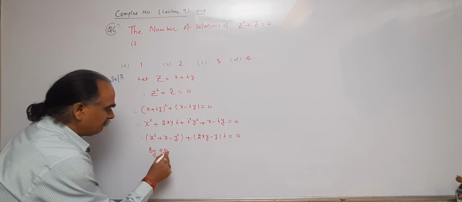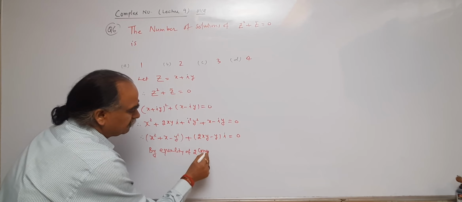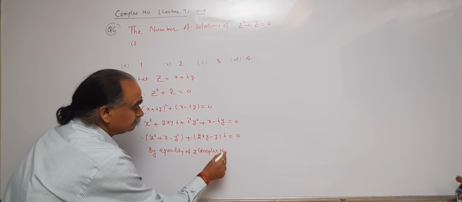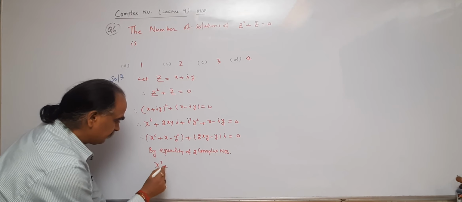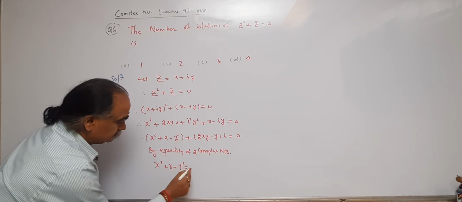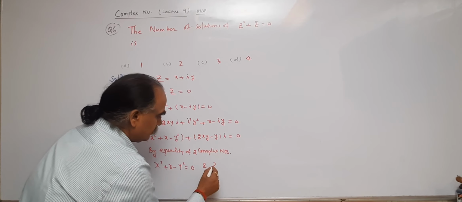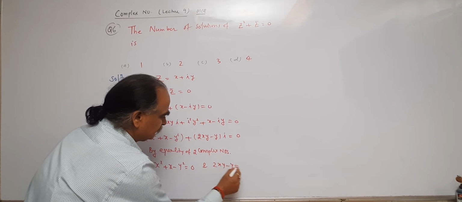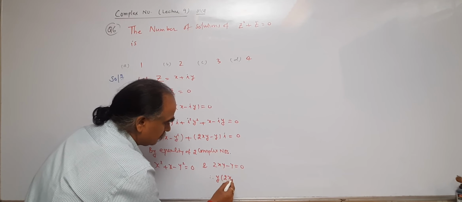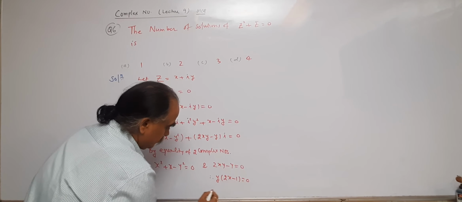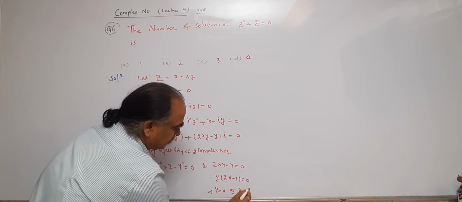By equality of two complex numbers, real part equals real part, so x square plus x minus y square is equal to 0 and 2xy minus y is equal to 0. From the second, take y common. So this implies y is 0 or x is 1 by 2.